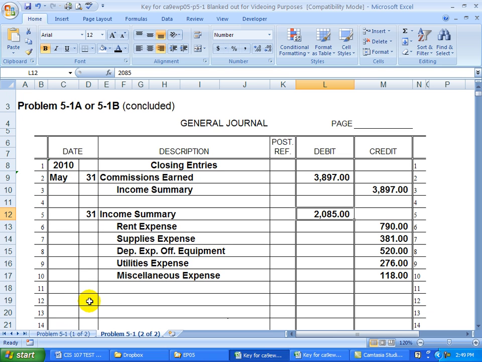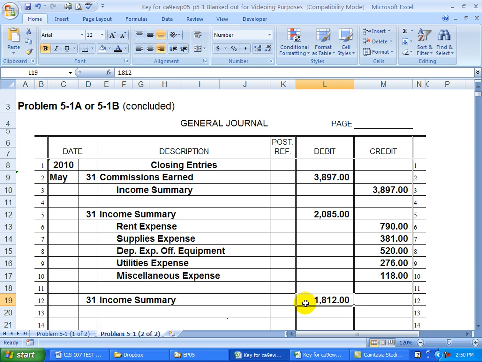The third letter in the word REID, R-E-I, the I stands for closing the Income Summary account. Now Income Summary account, if you credit it for this much and you debit it for a smaller number, it's going to have a credit balance of the difference between these two. And the difference between those two is going to be debited to Income Summary, and this is for $1,812.